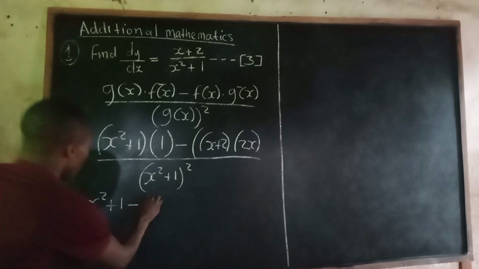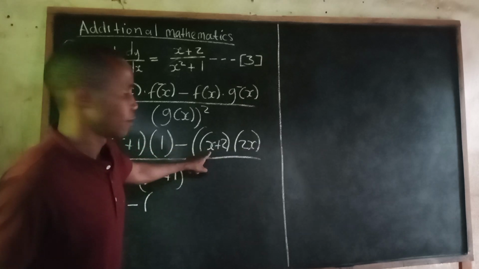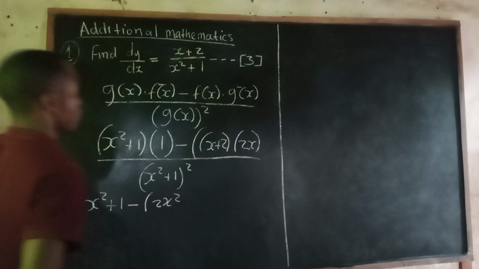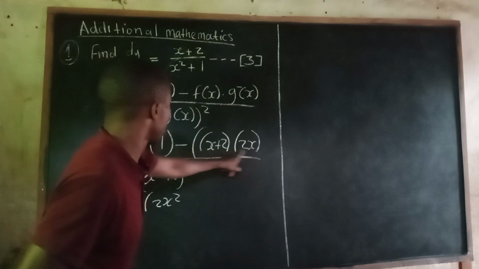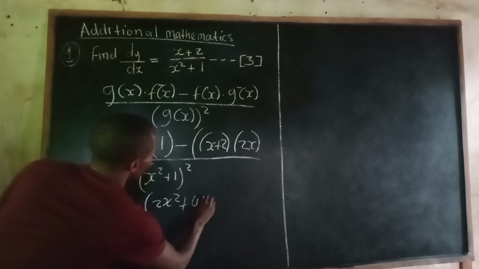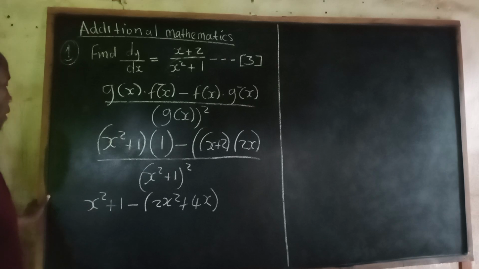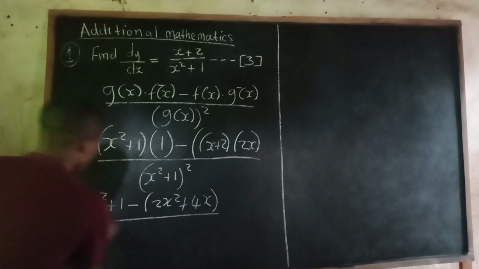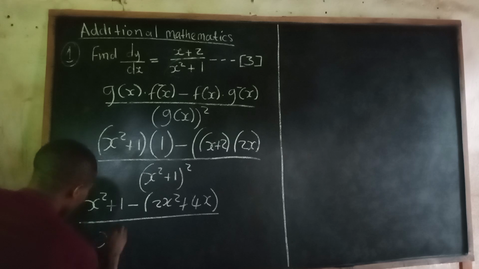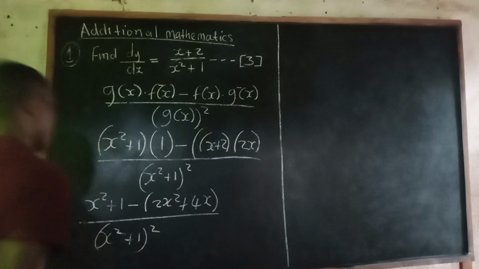Then minus, we open the bracket: 2x times x is 2x², then 2x times 2 is positive 4x. Over this one, we just bring down x² + 1, then square.